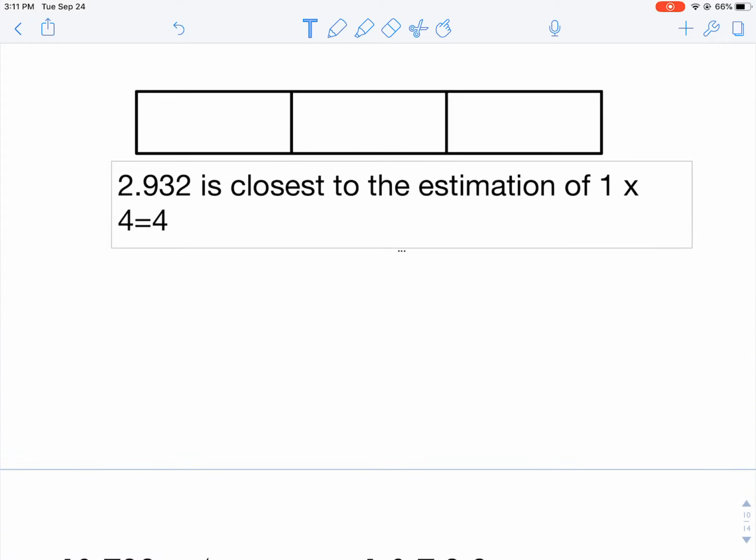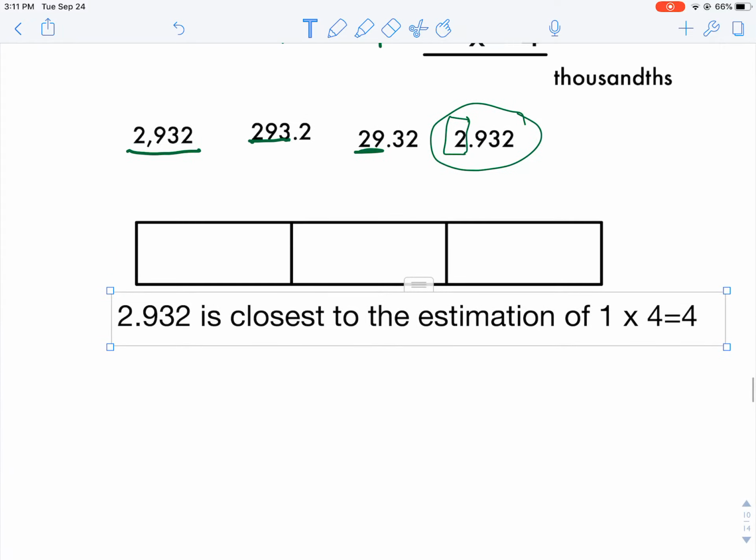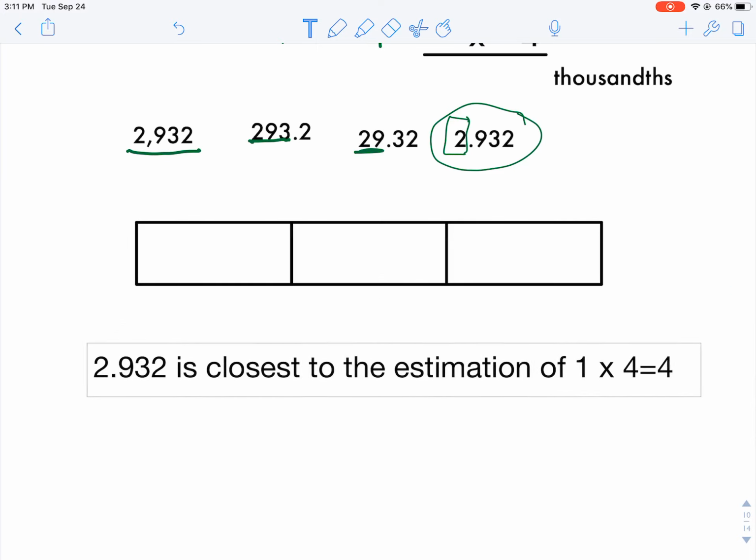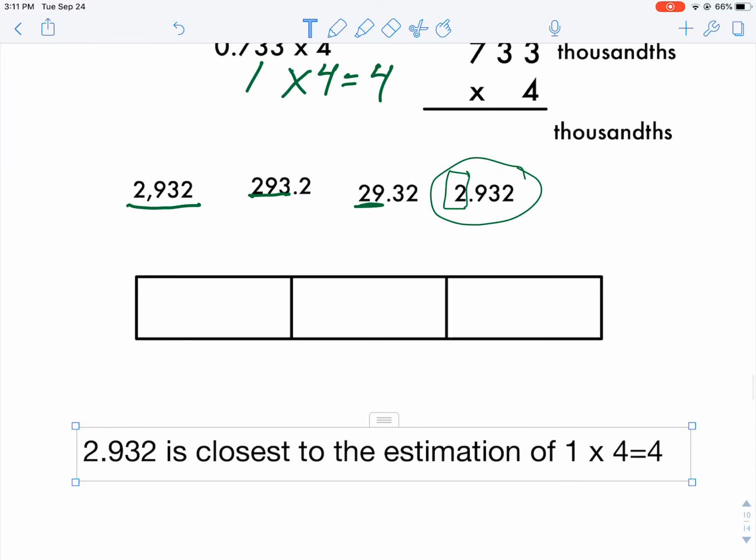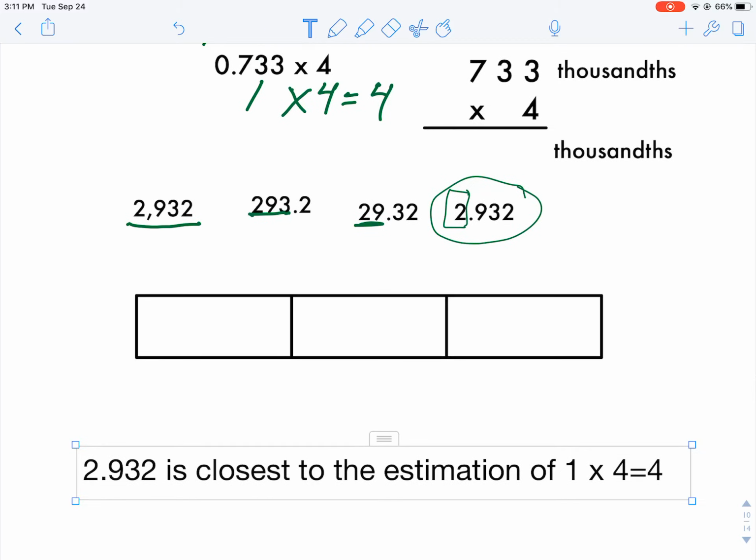So some of you might be saying, but that's far away. Well, no, not really. If you really think about it, it's not that far away from 4, because this would be close to 3. And 3 is not that far away from 4.